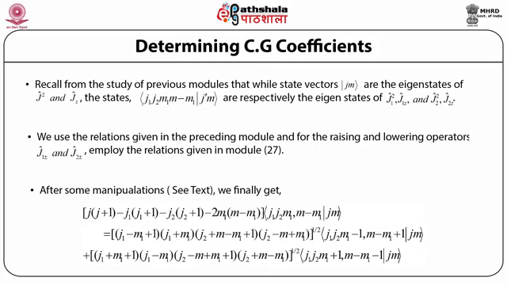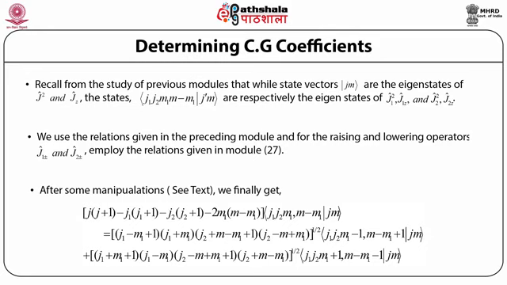And this turns out to be equal to [(j1 - m1 + 1)(j1 + m1)(j2 + m - m1 + 1)(j2 - m + m1)]^(1/2) times bra j1 j2 m1 minus 1, m minus m1 plus 1 ket jm.